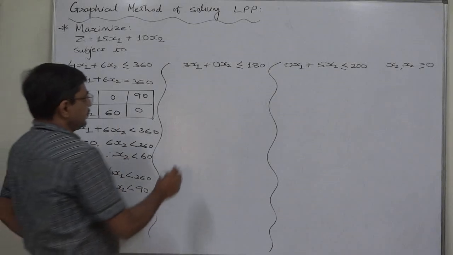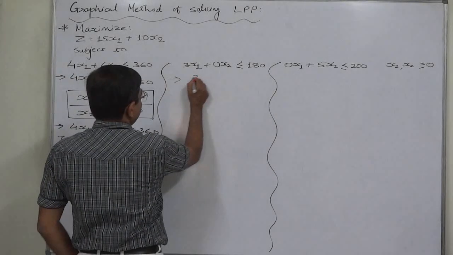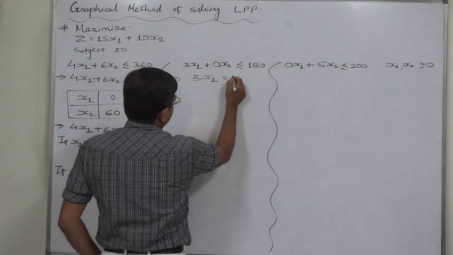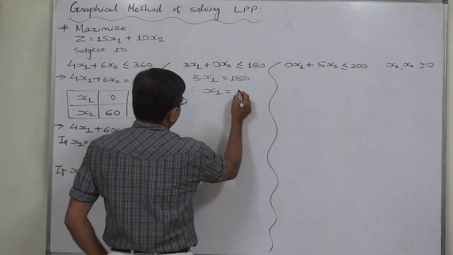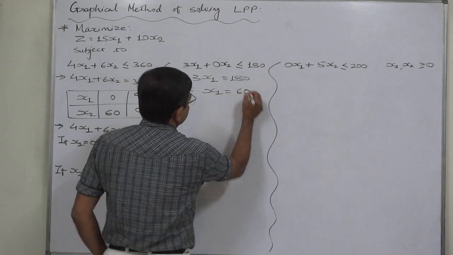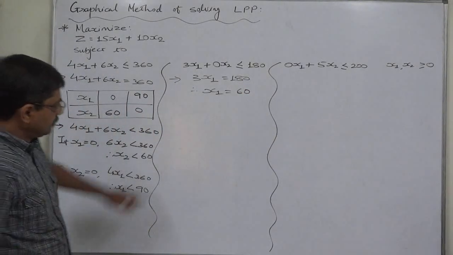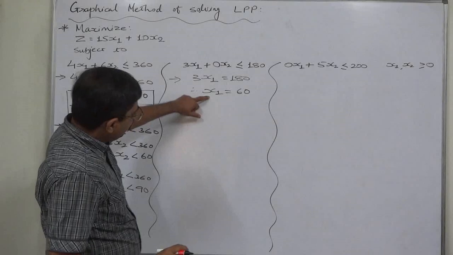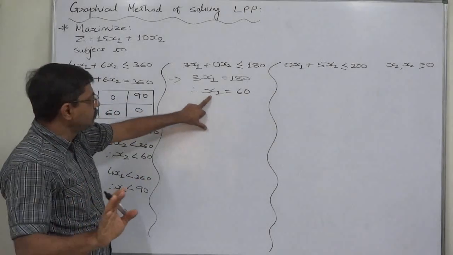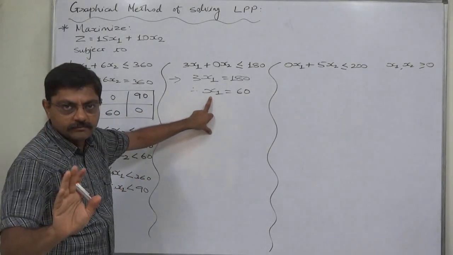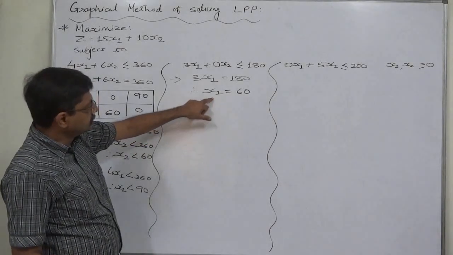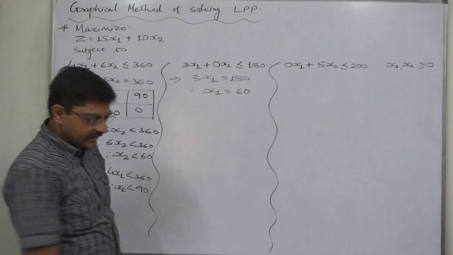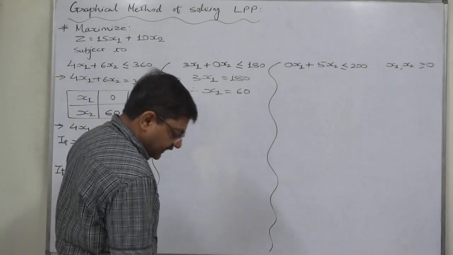Now in this case, first equality, 3x1 equals 180. That means x1 equals 60. The meaning of this is, for any value of x2, x1 remains constant at 60. x2 takes any value, then x1 remains 60.